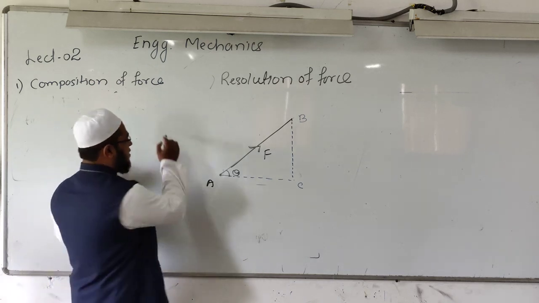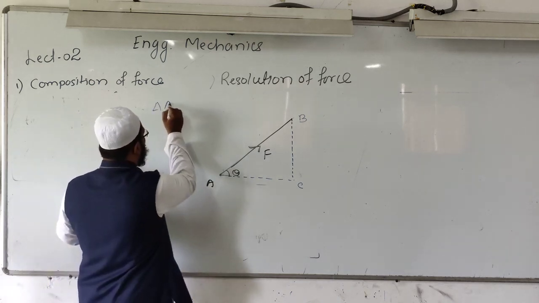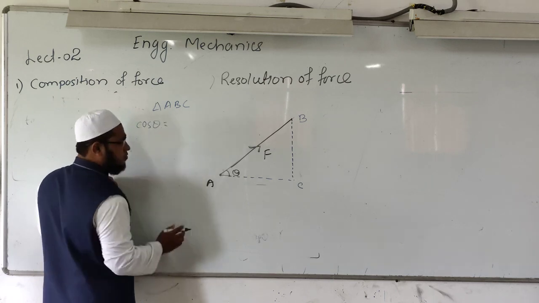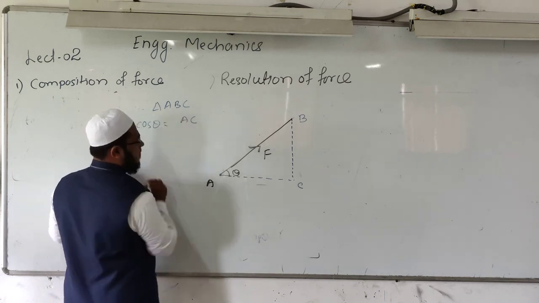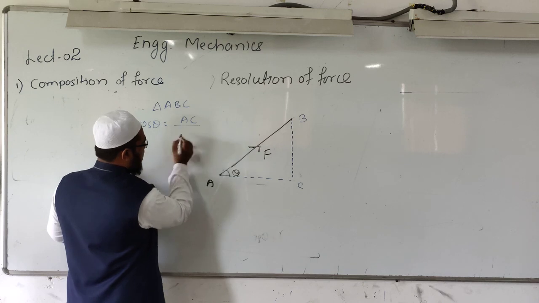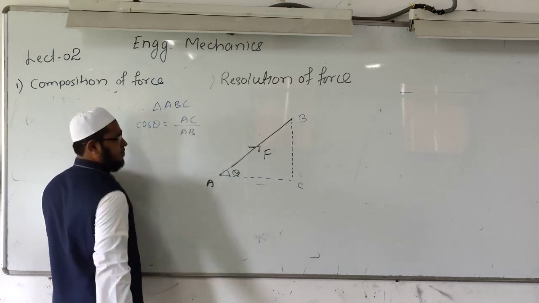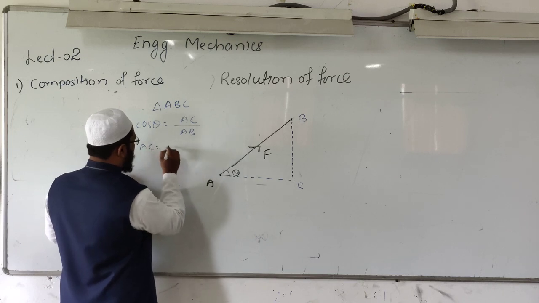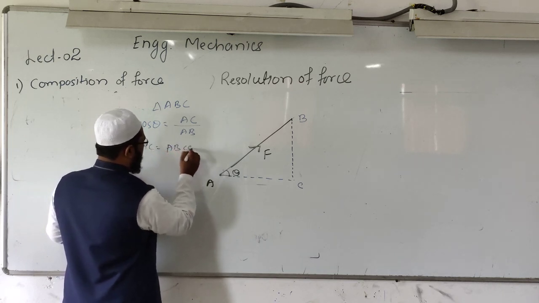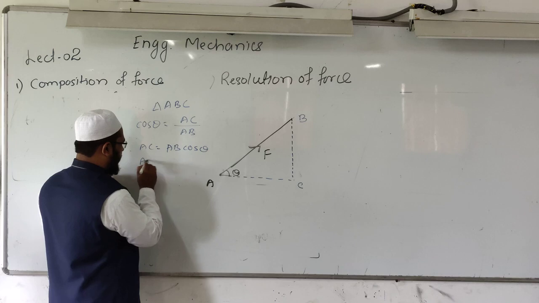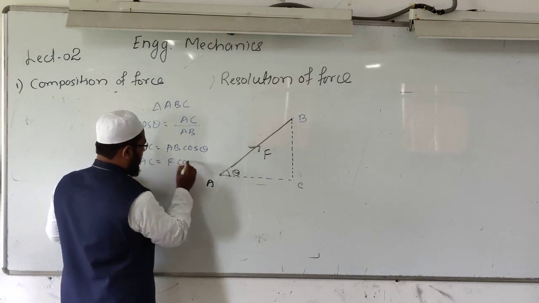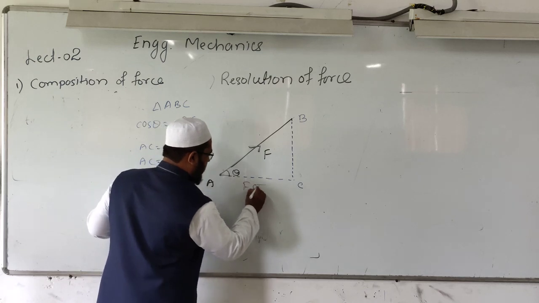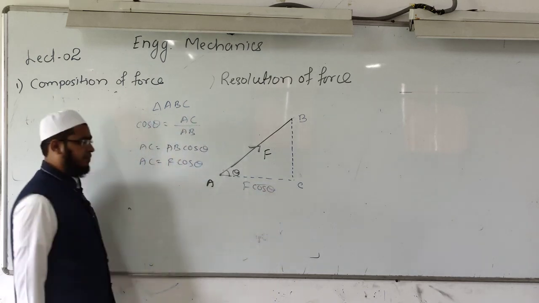Now listen here, in triangle ABC, cos theta equals AC divided by AB, and AB is force F, therefore AC equals AB cos theta, therefore AC equals F cos theta.